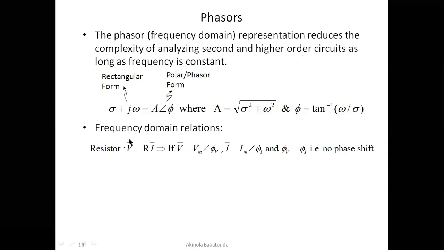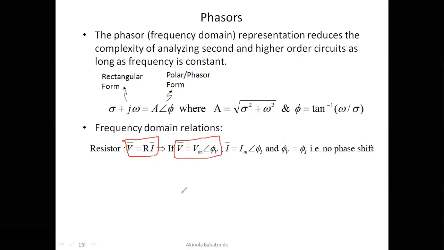You do know, as we have discussed in previous classes, that V equals Ri. This is Ohm's law, if you remember. We also said in the previous discussion that the same V is equal to Vm with phase V, where Vm represents the peak or amplitude and the phase represents the phase angle.